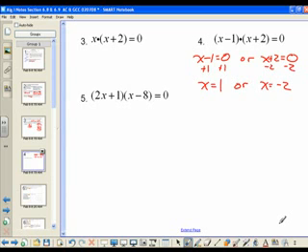With quadratics, since we factor them into two binomials, we're always going to have 2 solutions, unless of course it's a square. In other words, if we ended up with x minus 1 squared, both solutions would have been 1, that sort of thing. All right, so work the other 2.